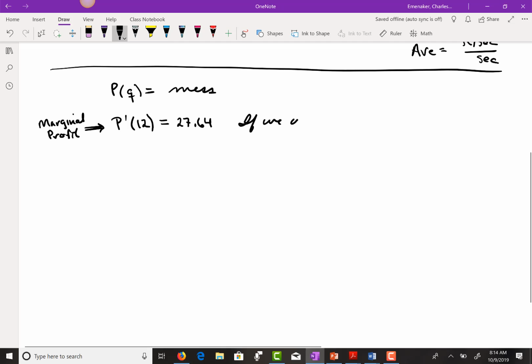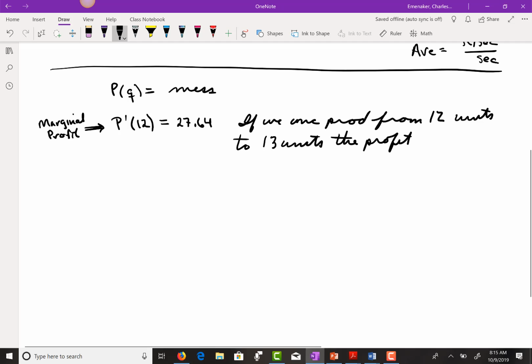if we increase production from 12 units to 13 units, the profit will increase, or we can say the profit on the 13th unit will be 27.64.